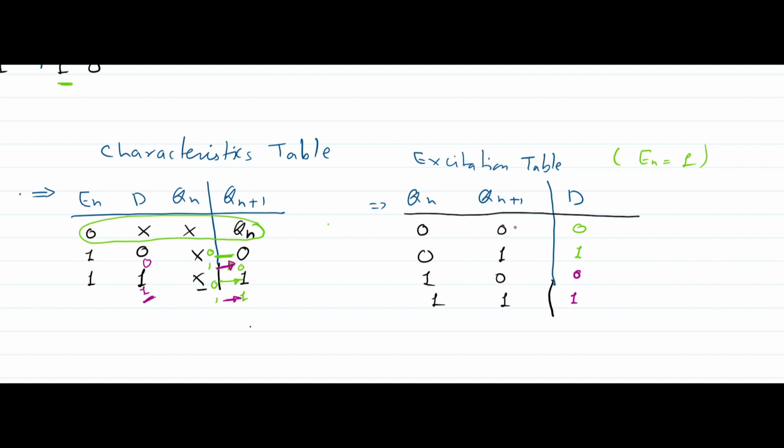So depending on Qn plus 1, what I want in Qn plus 1, my D will be decided. It has nothing to do with Qn. Okay, so this is the excitation table, and this is all about D latch using NAND gate. If you have any doubt, feel free to ask me. Thank you.